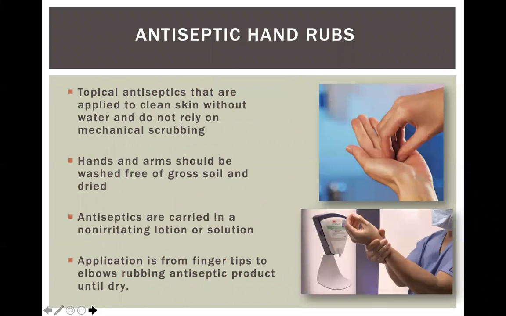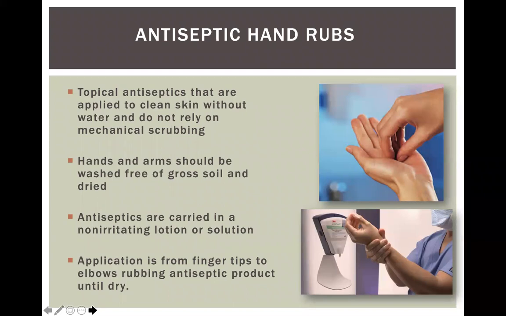Now, as we move into this new age, we're seeing far more antiseptic hand rubs. These are also being used everywhere as antiseptics in public environments. The idea behind the antiseptic hand rub was to give a topical antiseptic that can be applied to the skin, and you don't need water, and you're usually not going to have that physical action of scrubbing.